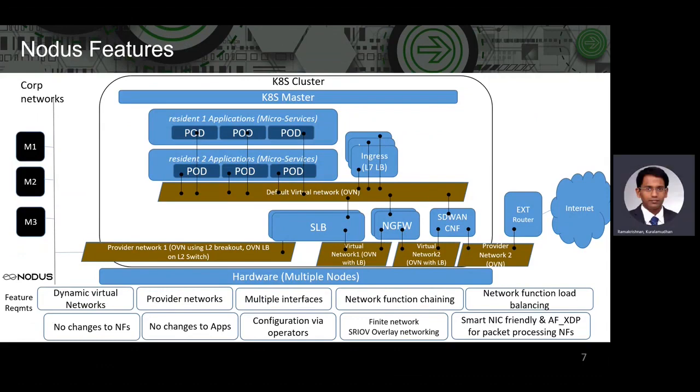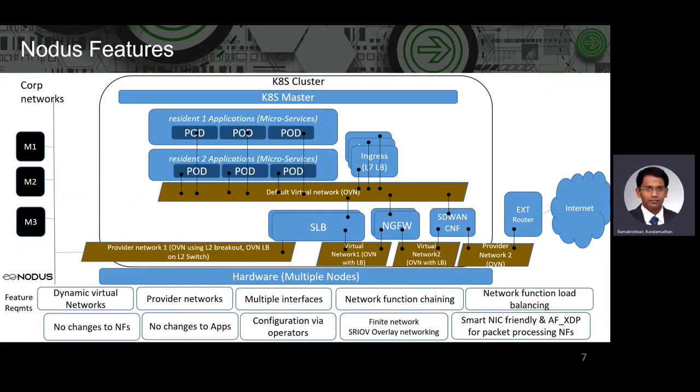We are able to achieve this by making sure that there are no changes to the network functions, for example the load balancer, next generation firewall, and SD-WAN CNF. There should not be any change for the VNF vendors. If they develop an LSB and are able to run the same LSB in a VM, they could containerize it and run it in a container.